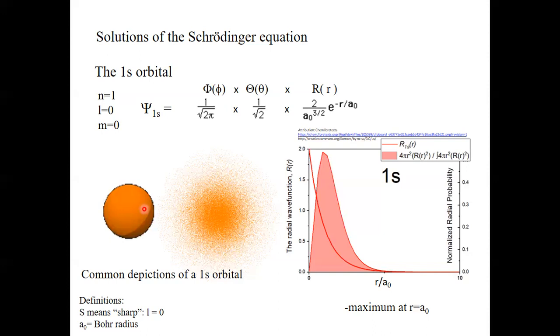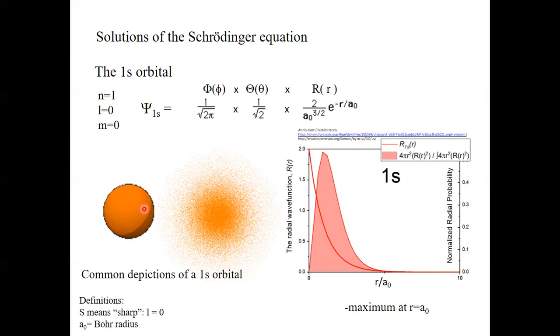Okay, so now we need to understand also what is called the radial probability function, okay, which is different from the probability function itself. The probability function is only the square of the wave function, and defines the probability to find the electron at a particular point in space within the atom.